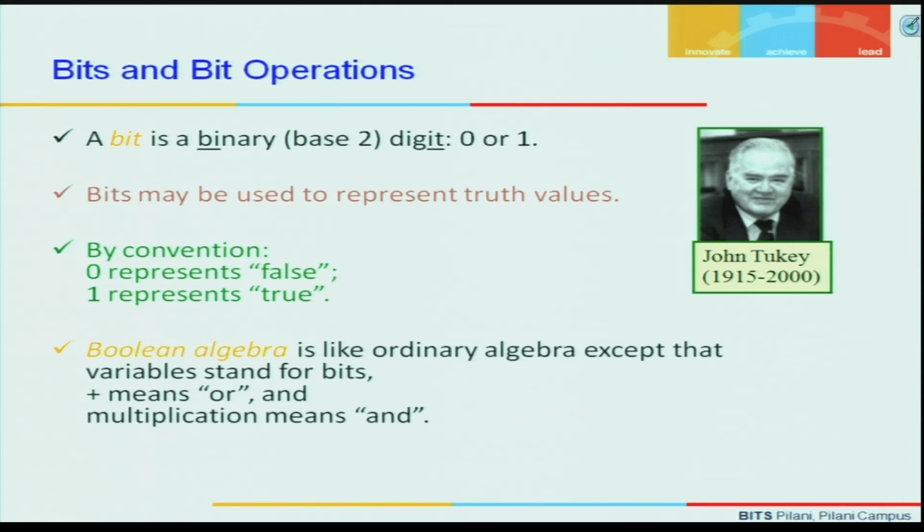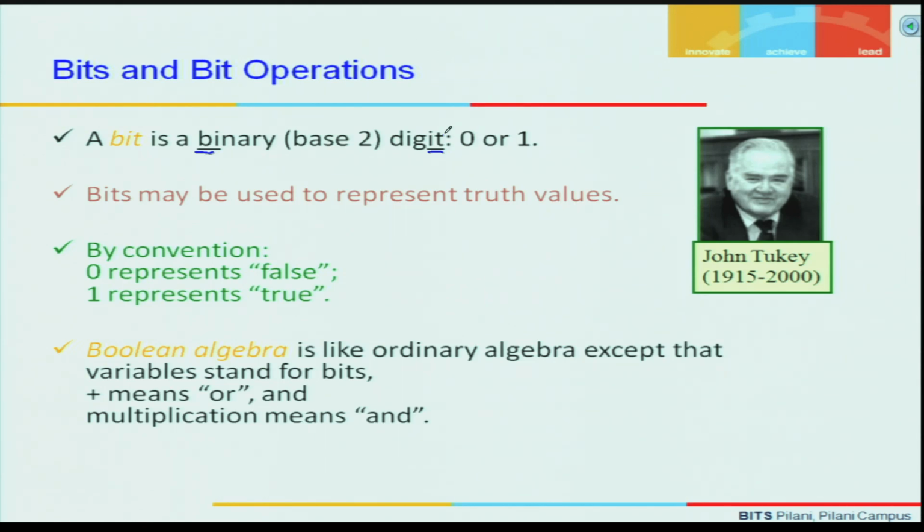What is a bit? A bit is a binary digit, as we all know. It assumes either 0 or 1. If I am not mistaken, the word bit might have come from binary digit, where they excluded some letters and called it bit. It's only a guess.